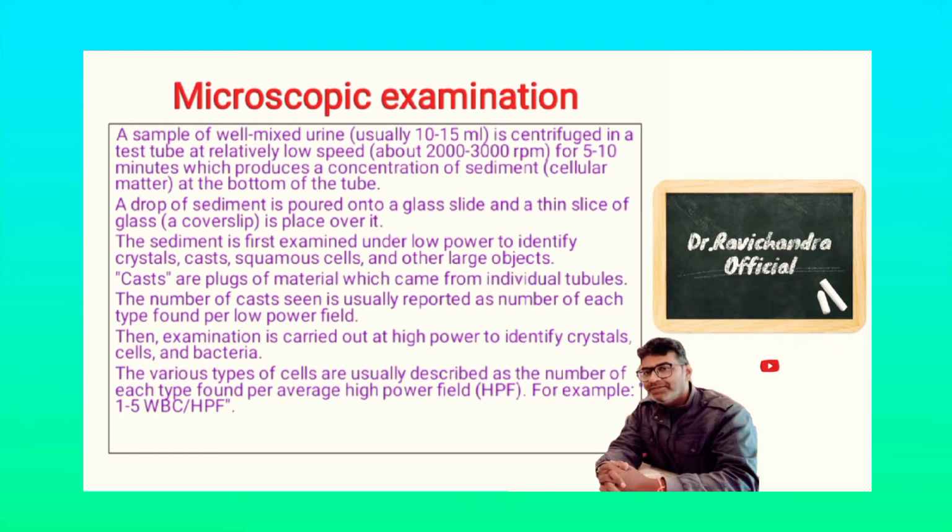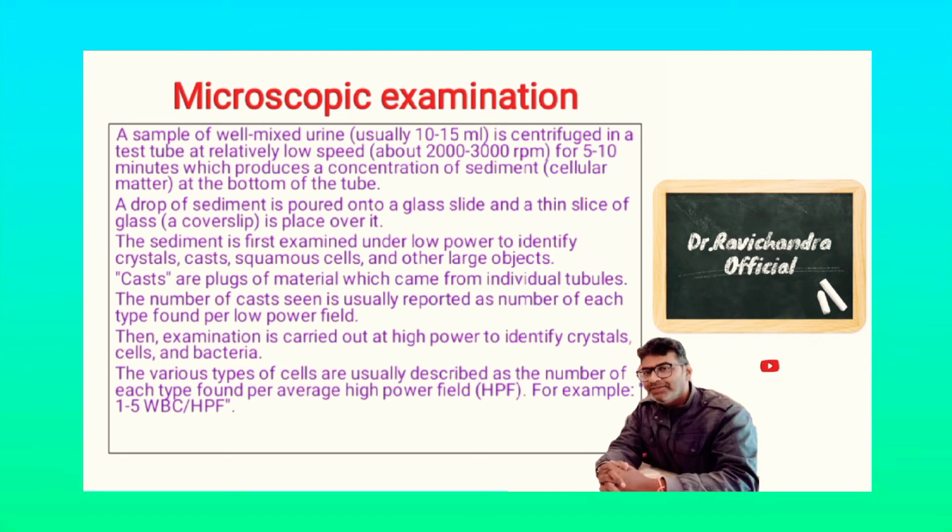The number of casts seen is usually reported as the number of each type found per LPF, or low power field. Then examination is carried out at high power to identify the crystals, cells and the bacteria. The various types of cells are usually described as the number of each type found per average high power field.